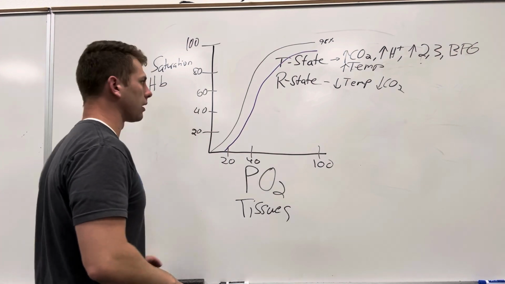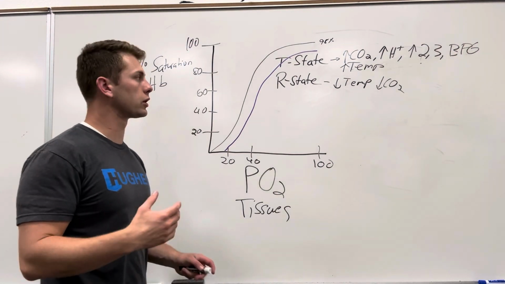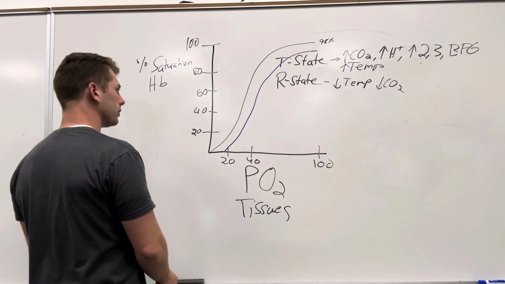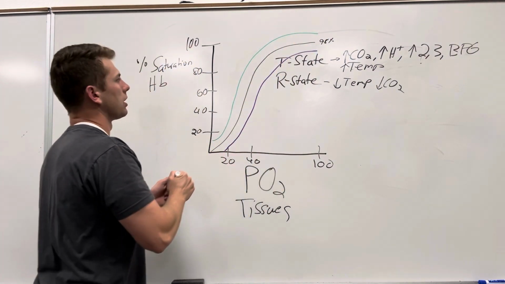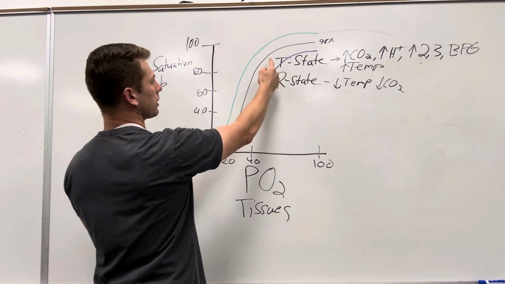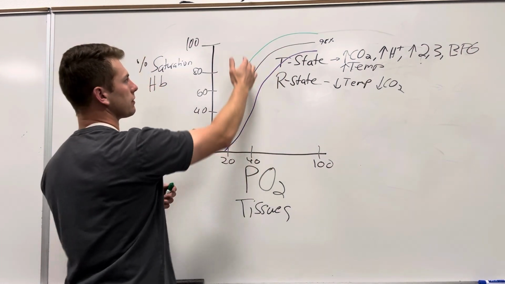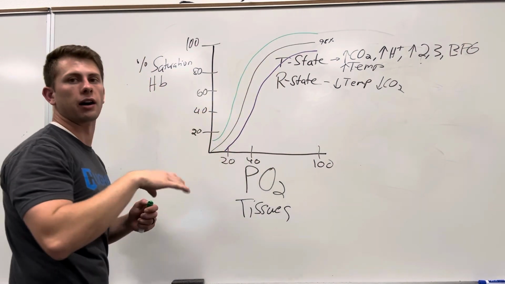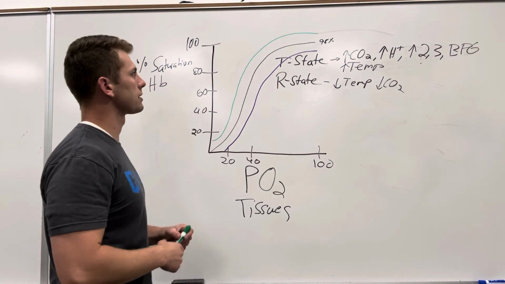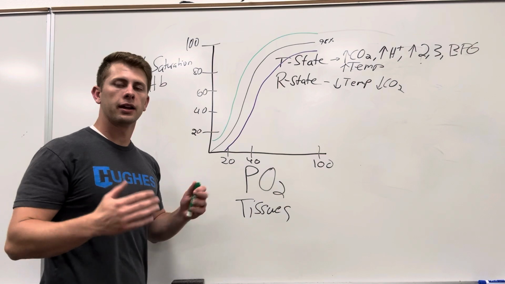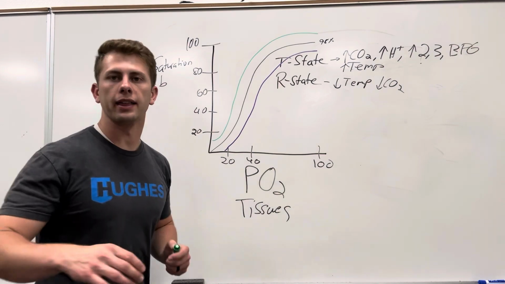And if we have it in our R state even more, if it's really cold, low CO2, it can actually shift our curve to the left, where it hangs on to oxygen longer, right? Even less than 40 before it starts to really dump off of the hemoglobin. So hopefully that made sense. That's the saturation curve and how factors can affect that.